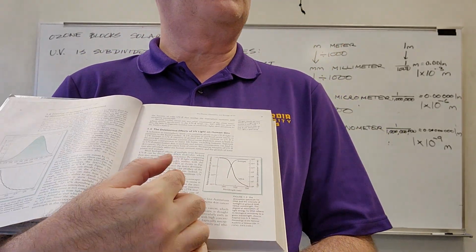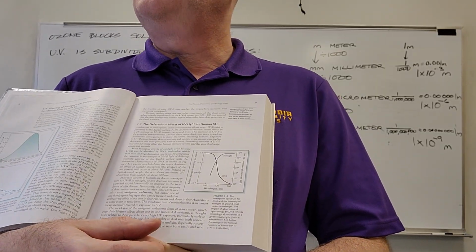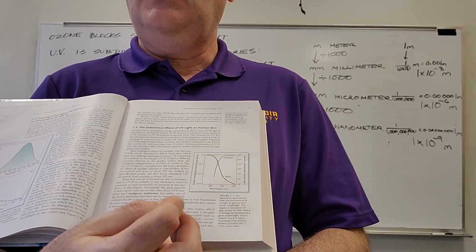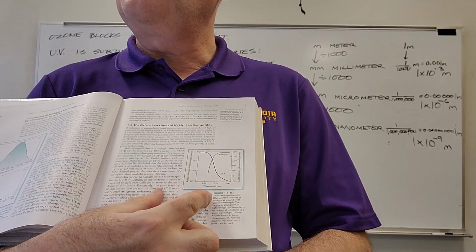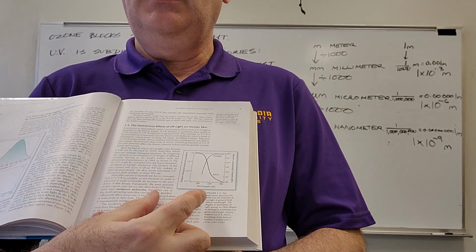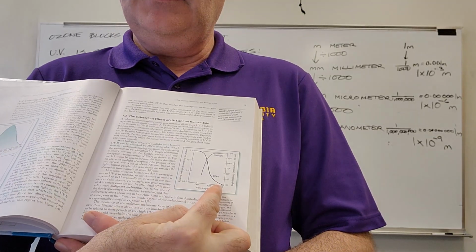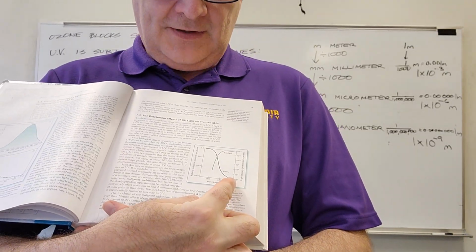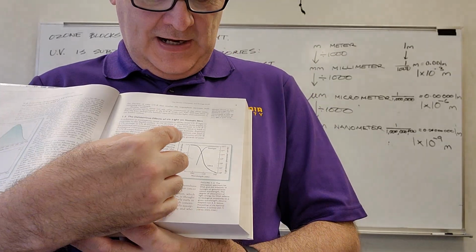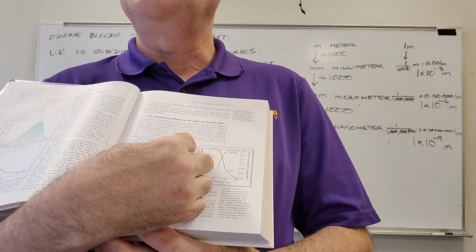Its scale is correct, but you're going to read the scale backwards because low numbers are the high energy events, which are the ones to be avoided. Okay, so we've got wavelength here, and as that wavelength decreases, our waves get higher in energy, and the damage to DNA goes upwards.